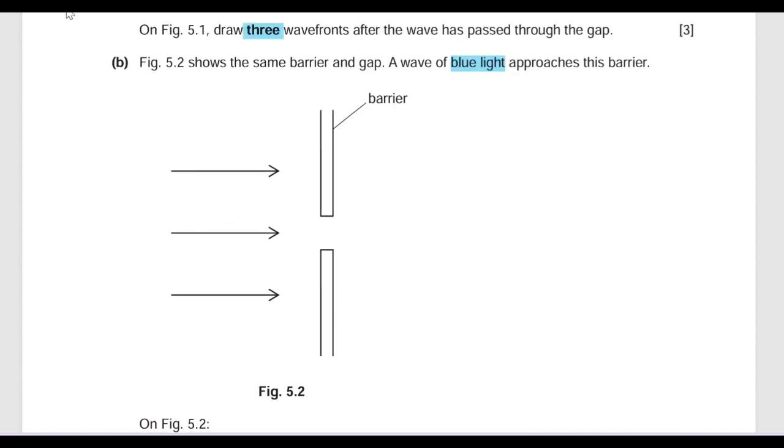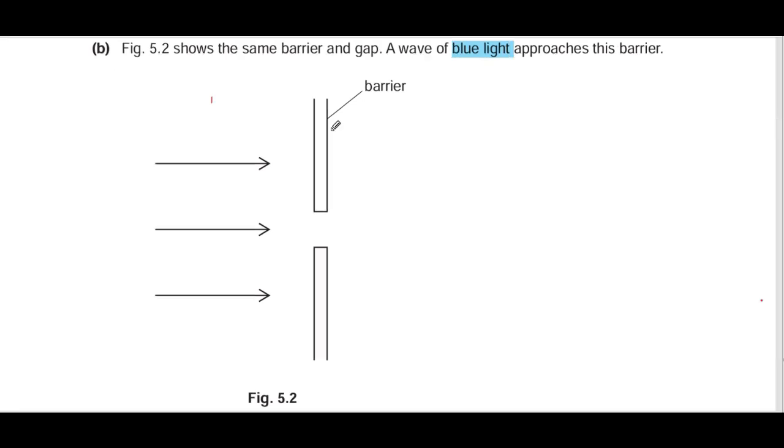So this time we know it's a blue light, so our wavelength should be shorter, so the wavefronts would be narrower than before. Drawing the first straight line, and then the next straight line, making them a bit narrower than the previous case. And I have drawn the 3 wave patterns, but make sure they are equal distance apart.